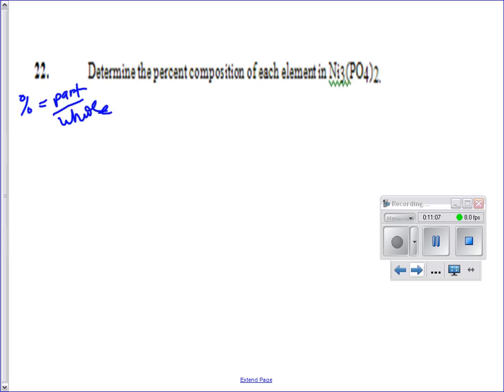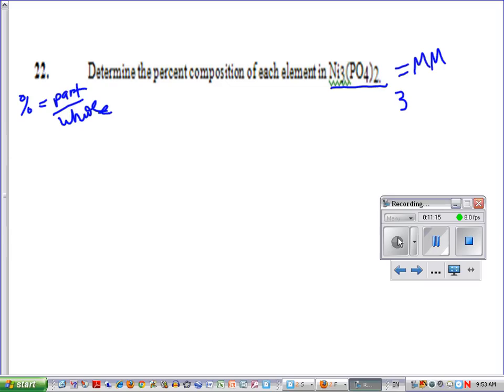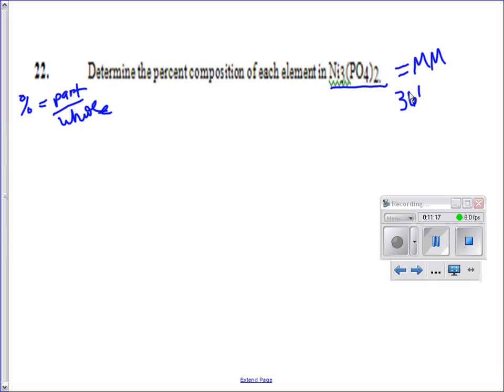So what would be the whole mass of this? How would we find it? Periodic table. We need the molar mass, so go ahead and solve. 366.01 grams per mole. All right, so there's our total. Now I like doing things in charts just because that's how I roll.